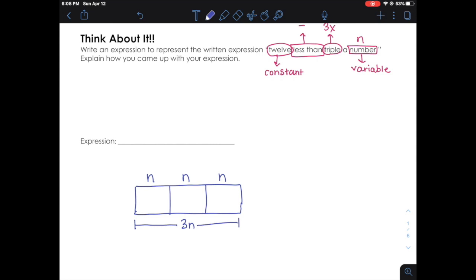Then it said 12 less than a number. We know that means I'm taking 12 away from a number, so it should be behind my subtraction sign. So it should look something like this. If I take away 12, let's just say this section here is 12.